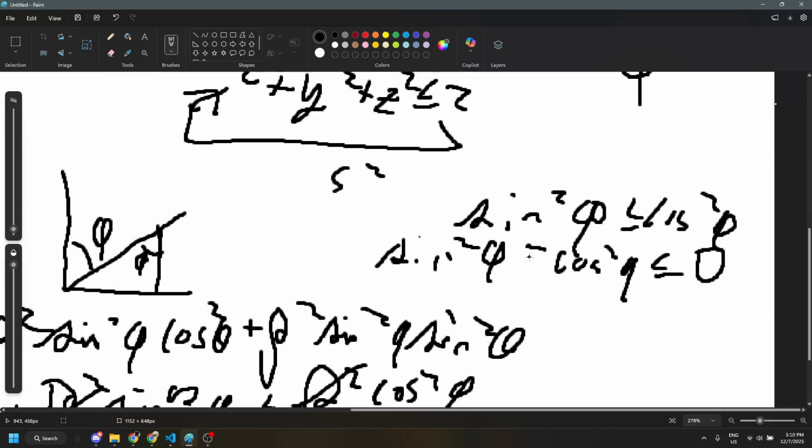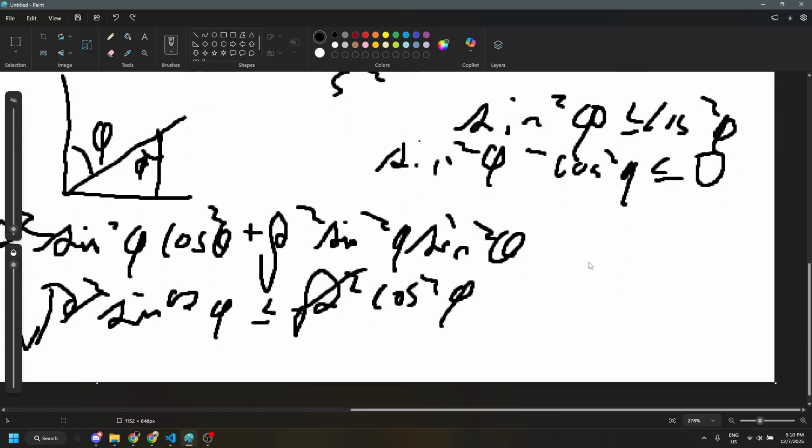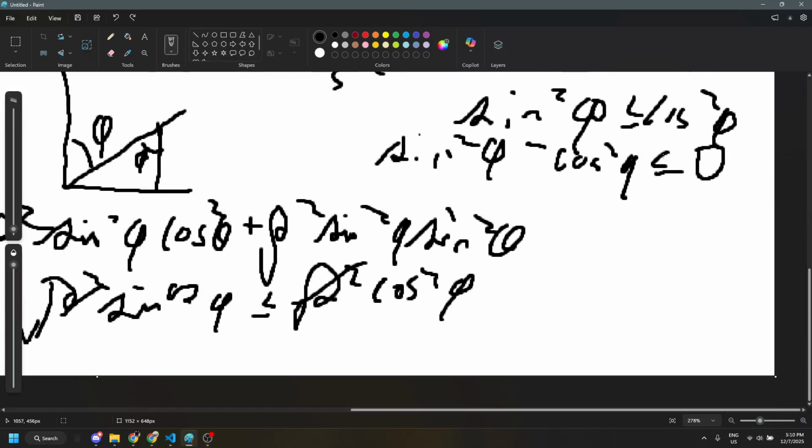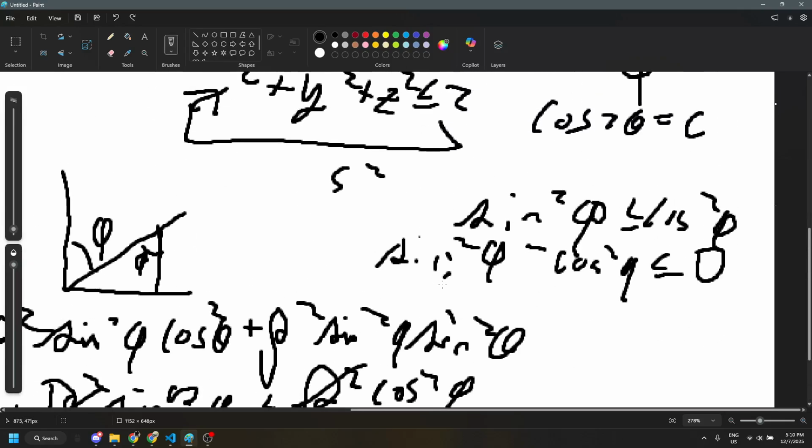But we know what sine squared phi minus cosine squared phi is. I believe that is cosine of 2 theta. I should figure this out. We know that cosine of 2 theta is equal to cosine squared minus sine squared. So we just flip it, cosine squared phi minus sine squared, and we have to change the inequality.